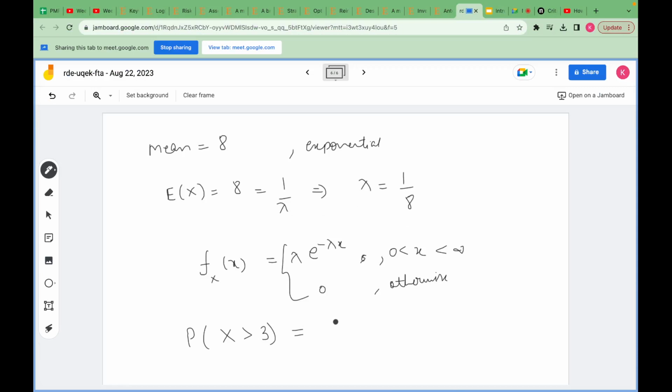So this probability is nothing but 1 minus the probability that x is less than or equal to 3. And now we can apply this formula, which is the integral of lambda e to the power minus lambda x dx, where x ranges from 0 to 3. We know the value of lambda, so we can substitute it, and from here we will get this value as e to the power minus 3 by 8. Okay, so the probability that the car will function after 3 years is e to the power minus 3 by 8.